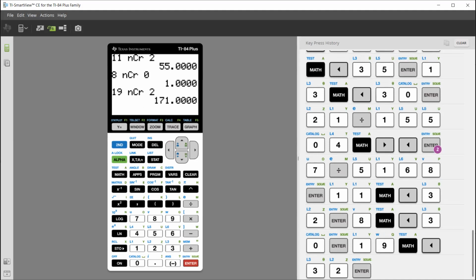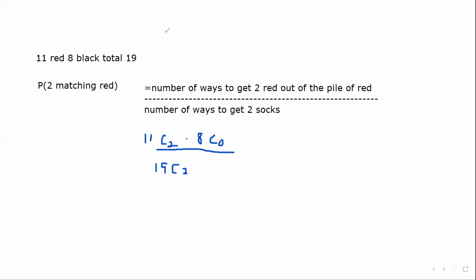So we end up with 55 over 171. And then we're going to get our famous decimal and our percent.